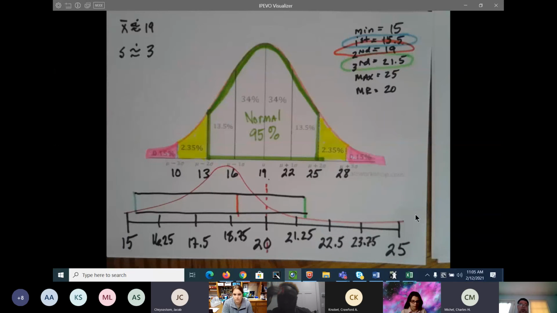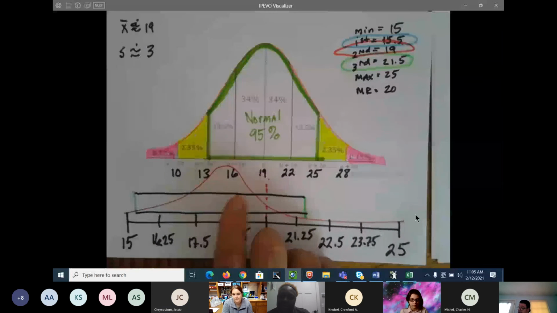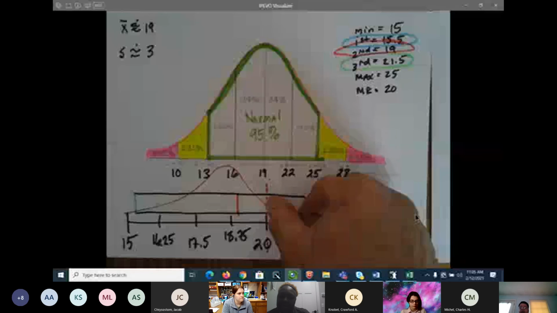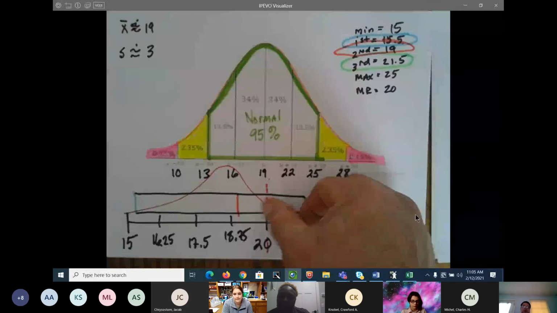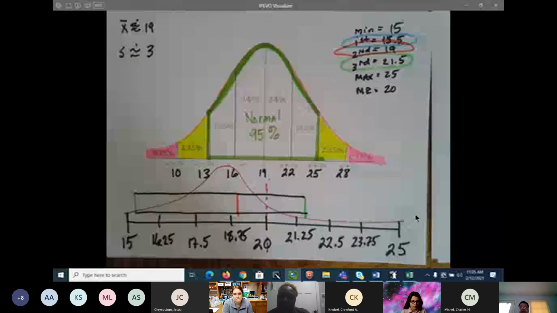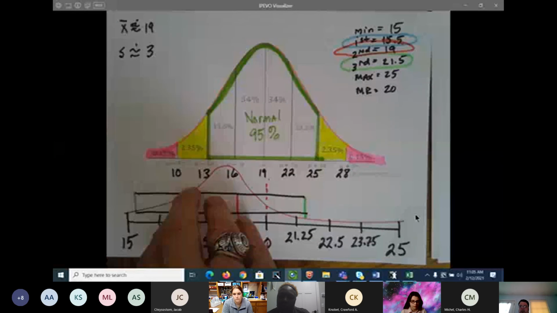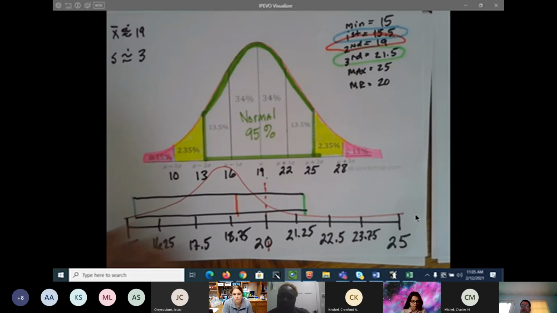Skewed right. Skewed left. I'm sorry, skewed right. You're correct. Skewed right because this number is a little bit left of what? Center. So it's a little bit on this side. A little bit, not a lot. And this right here, let me make this small.